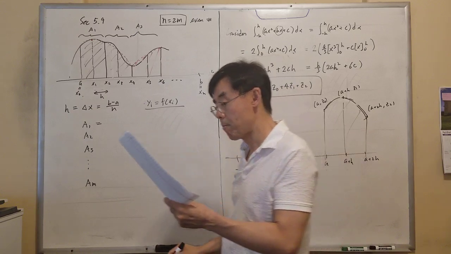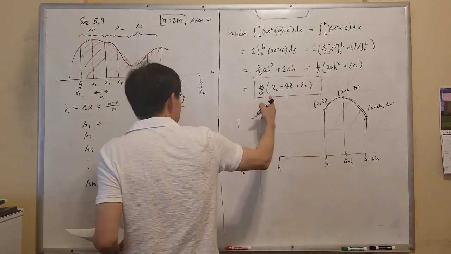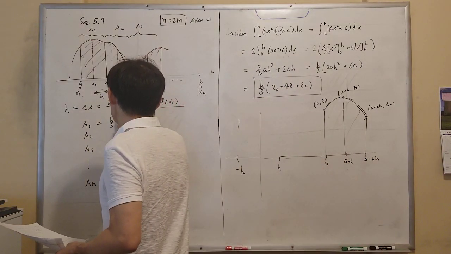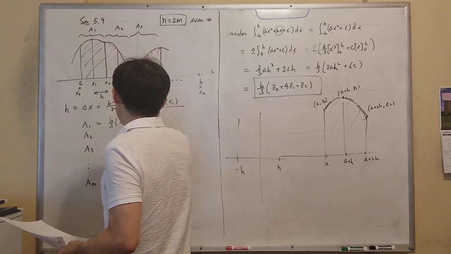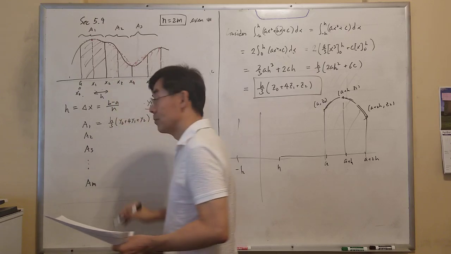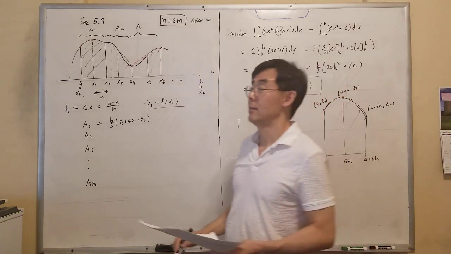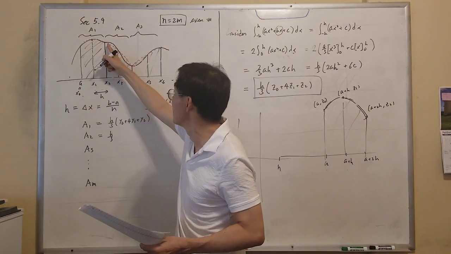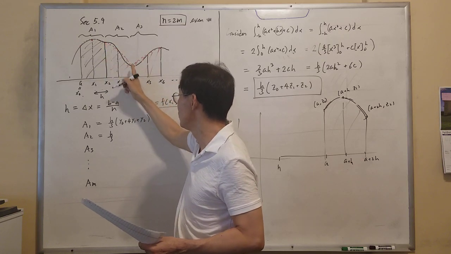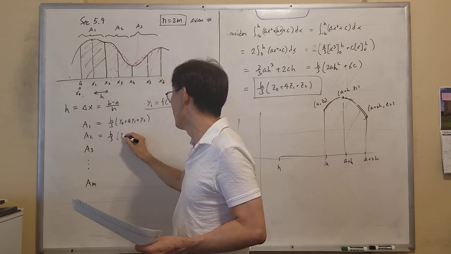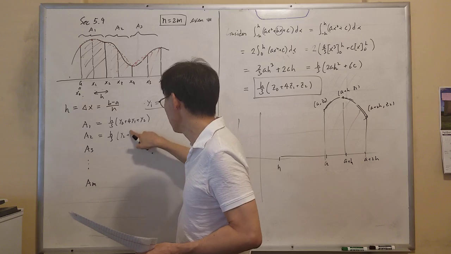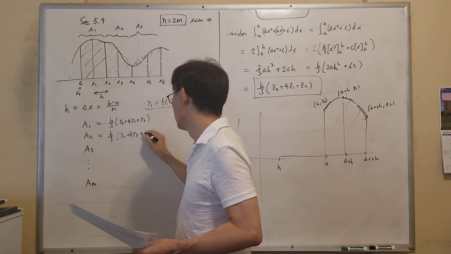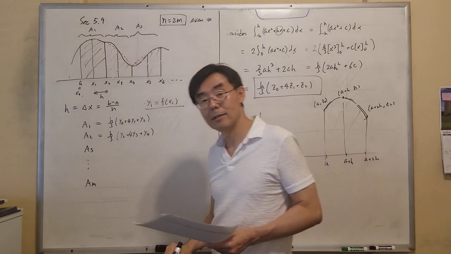According to this formula, a1 is h over 3 times (y0 plus 4y1 plus y2). Next one, h over 3, with new z0, z1, z2, so that will be y2, 4y3, y4.